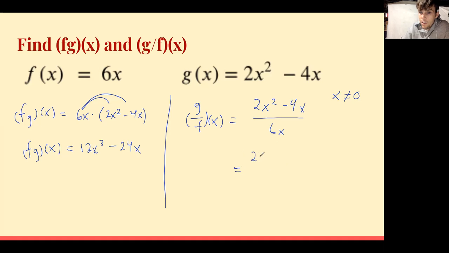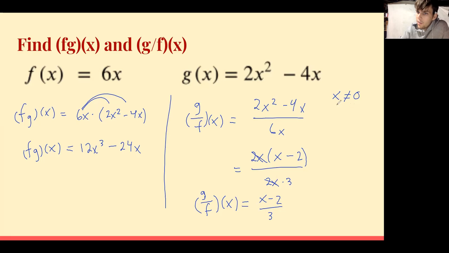The top will factor as 2x times x minus 2, over 6x. And I could think about 6x as being 2x times 3, right? So that lets us cancel out our 2x and our 2x, and we're left with the simplified version of this function, which would be x minus 2 over 3.